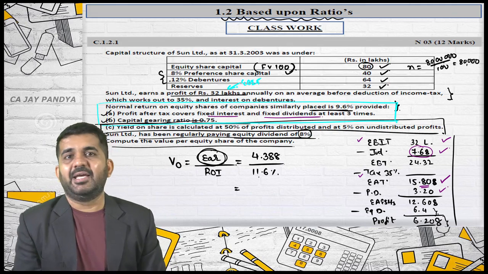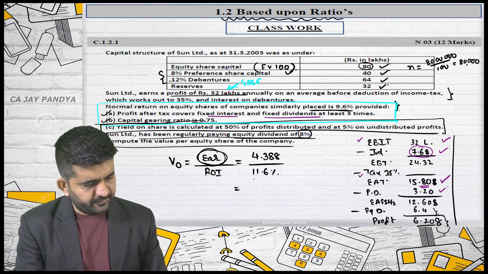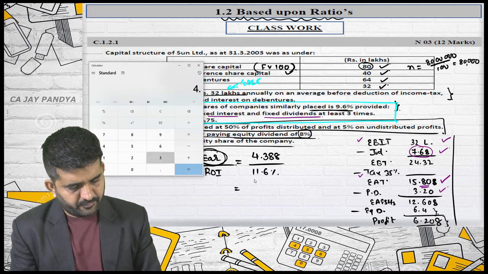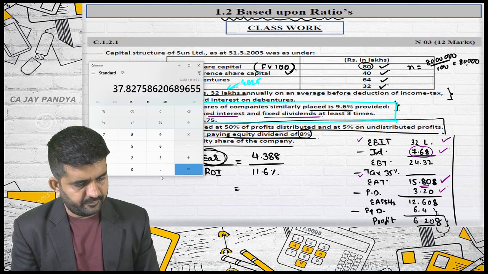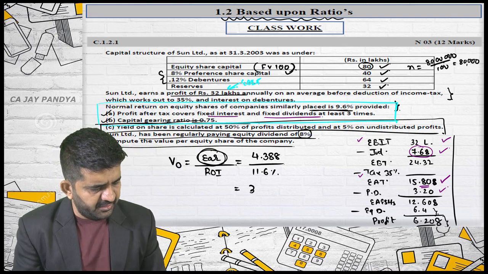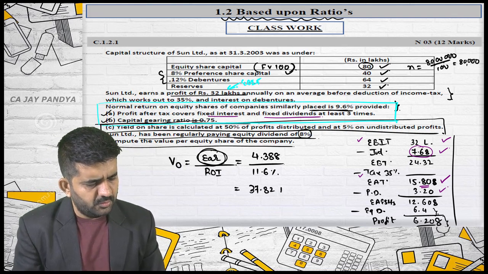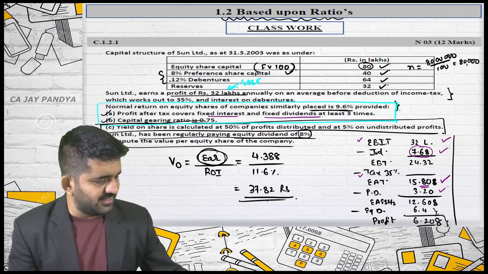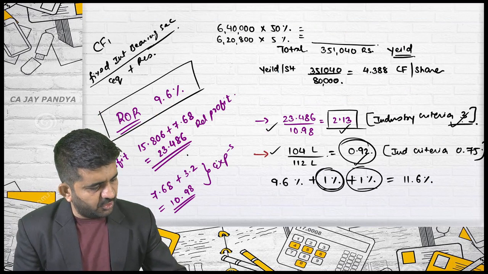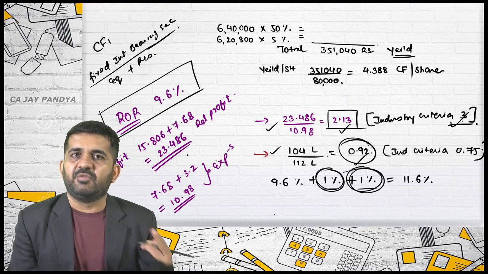4.388 divided by 11.6 is 37.82 rupees. Believe me, if you take the same figures as given in the question, your answer will match even with the suggested answer.